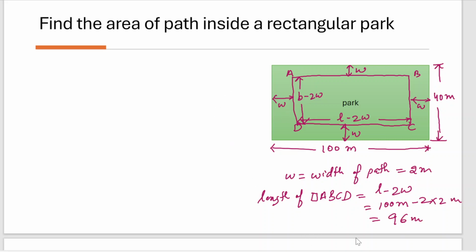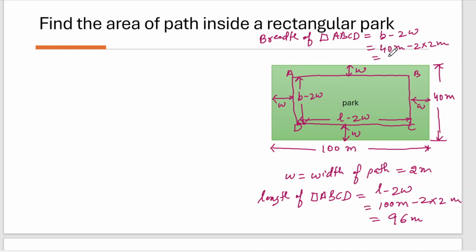And what will be the breadth of this rectangle ABCD? I am writing here. Breadth of rectangle ABCD equals B minus 2W. It is B, your 40 meter, minus 2 into 2 meter.